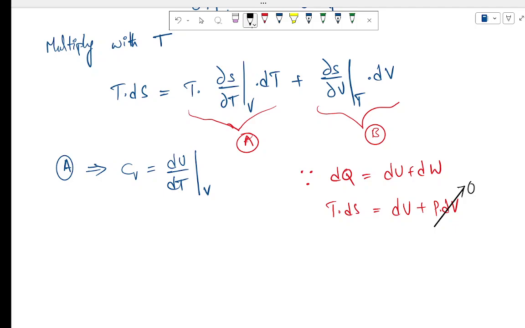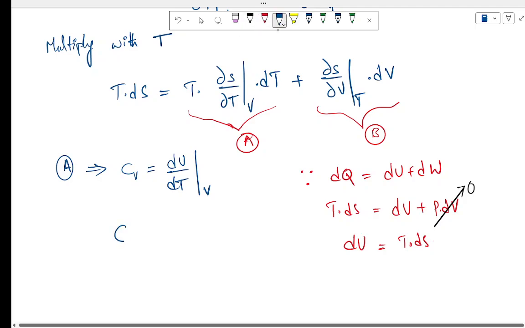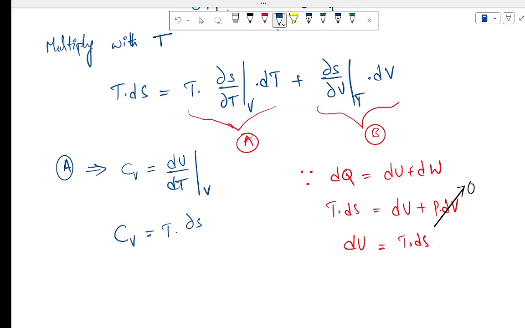So dU now can be written in the form of TdS. So what I have here in the numerator can now be replaced into this form. So Cv is equal to T into ∂S, I will write here because I am taking it as a partial derivative.